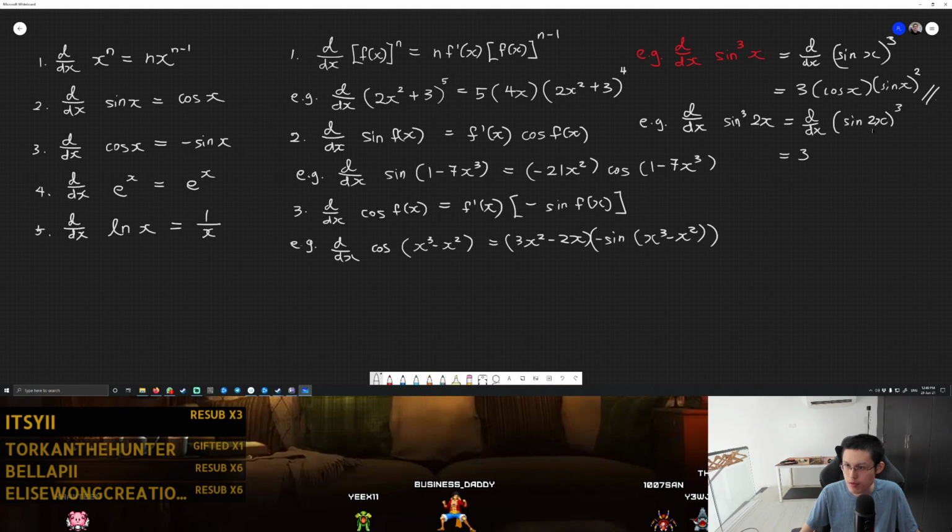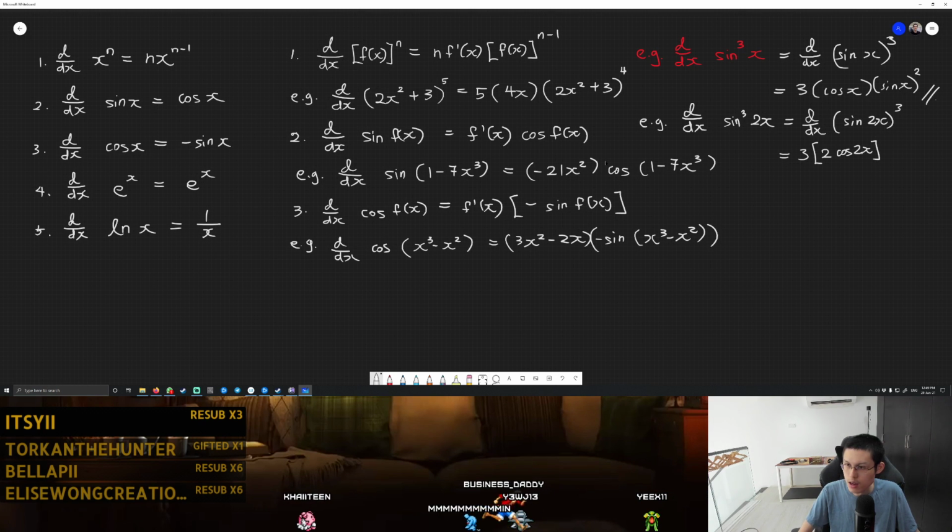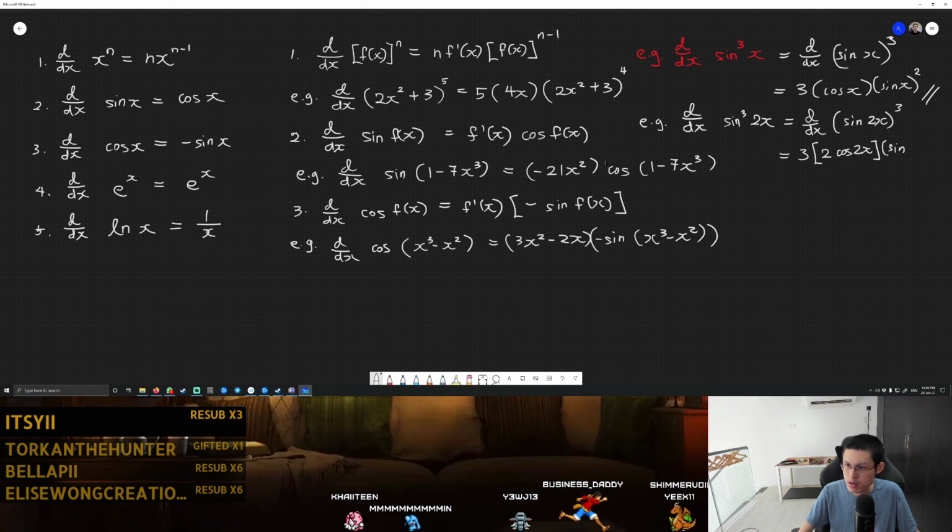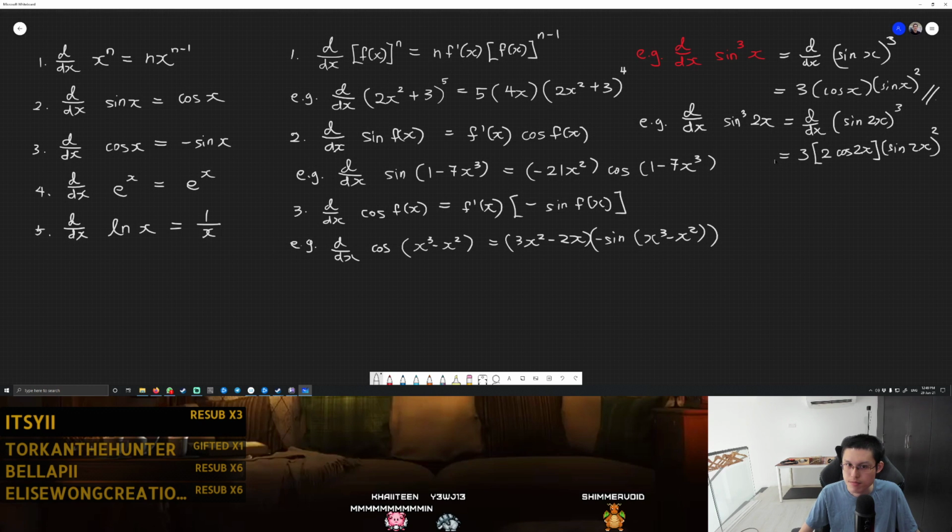What happens when you differentiate sine 2x? Now you have to use this rule here, because this 2x is actually your function of x. So first we differentiate 2, we get a 2, and then we differentiate sine, we get cos 2x. And now we write the same function, sine 2x, and reduce the power by 1. So that's how you differentiate this guy here. So this one, you have to use this rule and this rule.